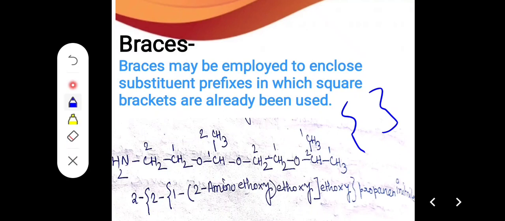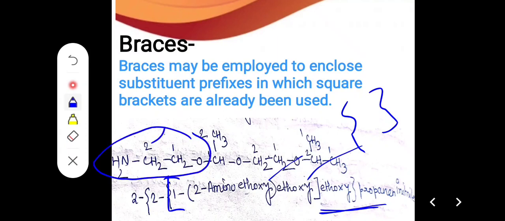Okay, so this is the third bracket. We use the first bracket, we use the third bracket, so we have two specifications, we use brackets. There should be a 2-aminoethoxy group. If we consider this group, the 2 position has the amino group, and on one side the ethoxy group, so for specification we can say in small brackets 2-aminoethoxy, then bracket close, then 1-(2-aminoethoxy), bracket close, ethoxy.